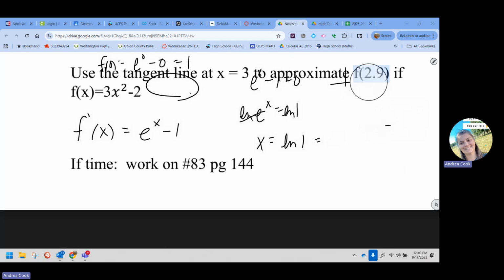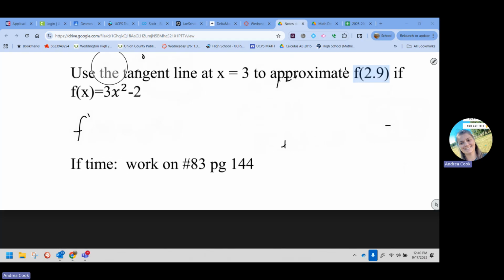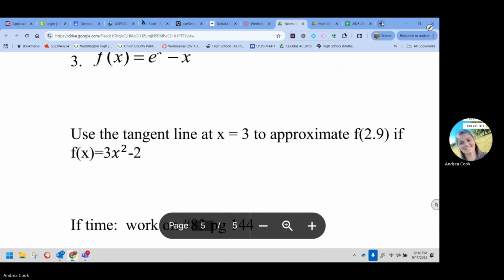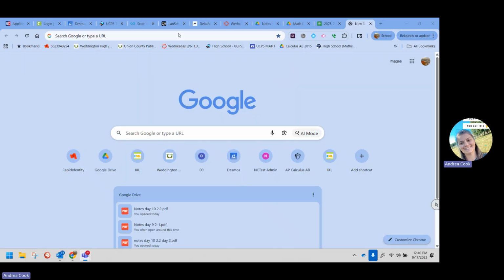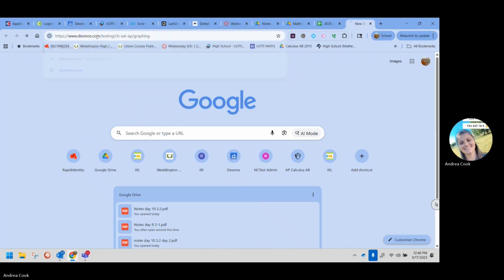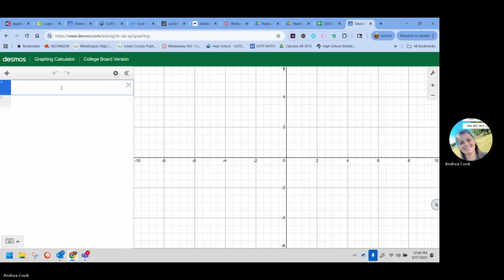E to the x minus x, right? Okay, so e to the x, I think we all know what that one looks like, but if I put a minus x in there. Interesting. Okay, so horizontal tangent right there, the 0, 1.